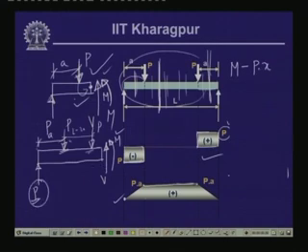Then we have these 2 loads, this distance being x, this is a. So, this causes a moment which is in the anti-clockwise direction, which is positive. So, this is P into x minus a, plus P into x minus this distance, which is L minus a.